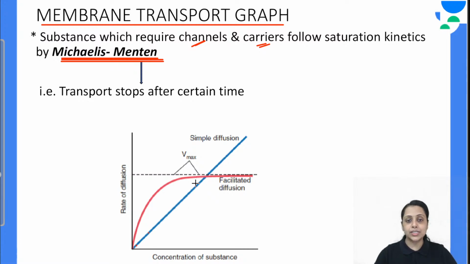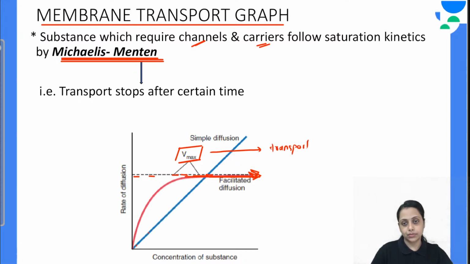But after a certain period of time, all the channels will be occupied, and since all the channels are occupied, the transport is not going to increase. So the transport reaches its maximum, that is known as Vmax or the transport maximum.